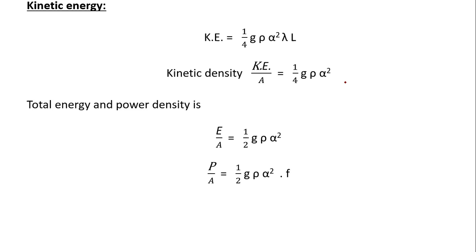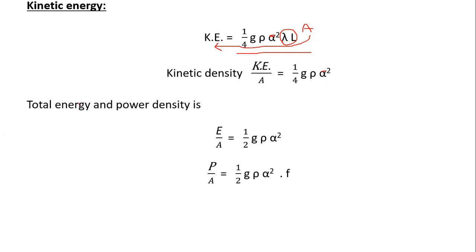From hydrodynamic theories, this can be expressed as KE is equal to 1 by 4 g rho a square lambda L. Here a is the amplitude, and lambda L again I can write as A, the area. So if A becomes the denominator, KE by A is equal to the remaining term, 1 by 4 g rho a square.